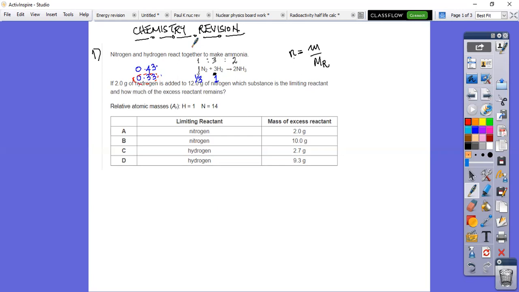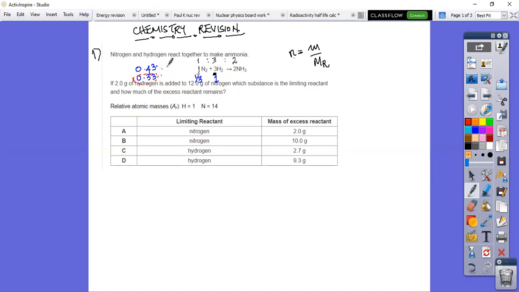So then do I just take that away from 3 and then the excess mass? Then you take the excess mass away from, not 3, from 3 grams, because it says here, what is the mass of the excess reactant?